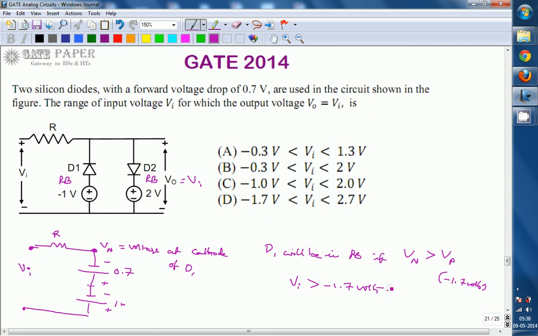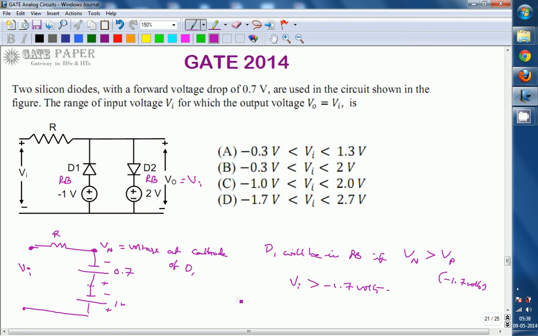If the input voltage is greater than minus 1.7 volts, the diode will be under reverse bias. Greater than minus 1.7 means it may be minus 1.6, minus 1.5, minus 1, minus 0.2, 0, 1, 2 and so on. Magnitude wise, it has to be lesser than 1.7. Understand that case.